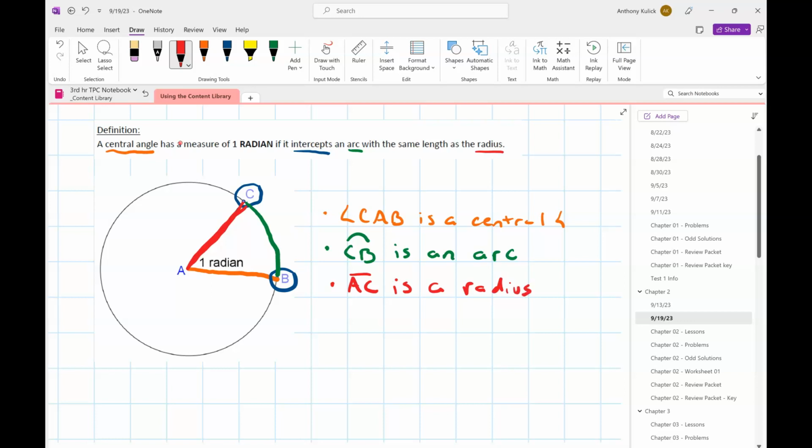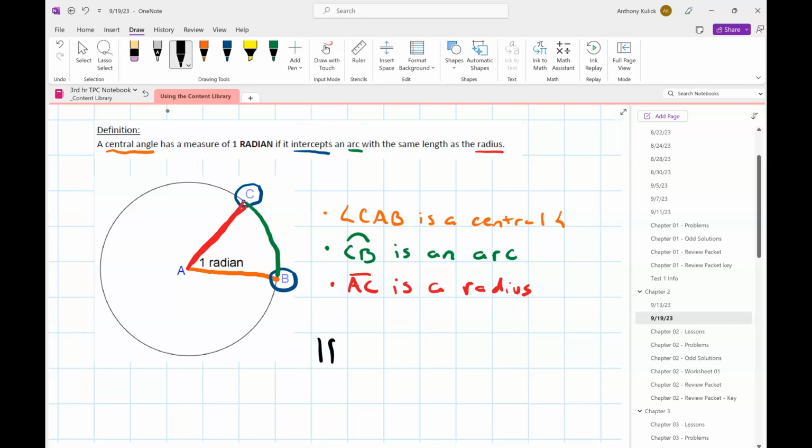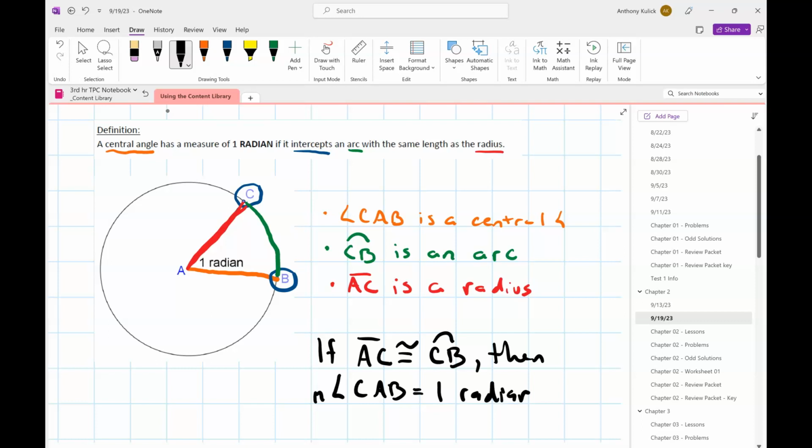AB would also be a radius. So what are we saying here? We are saying that if the length of the radius AC is the same as the length of that arc, then the measure of angle CAB is 1 radian. So that's what our definition is saying.